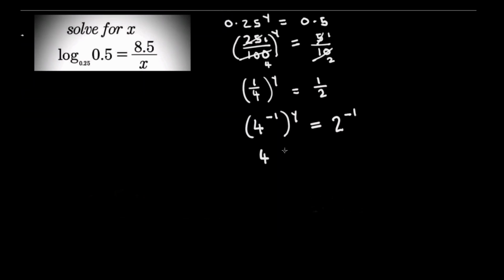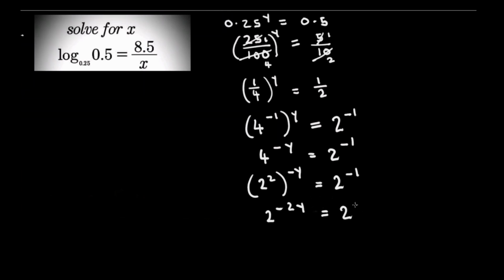So it will be 4 to the power minus y, after minus 1 times y, is equal to 2 to the power minus 1. We can express 4 as a power of 2, and it's actually 2 squared. So 2 squared written instead of 4 is equal to 2 to the power minus 1. And again, the powers are going to multiply. So it's now 2 to the power minus 2y, equal to 2 to the power minus 1.